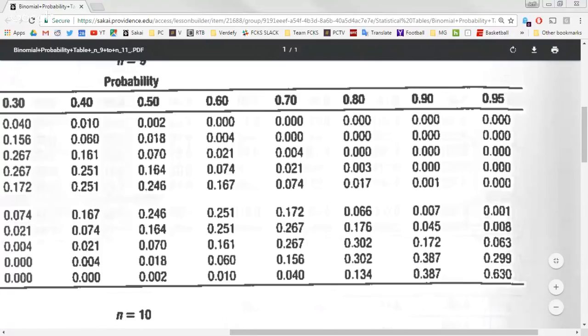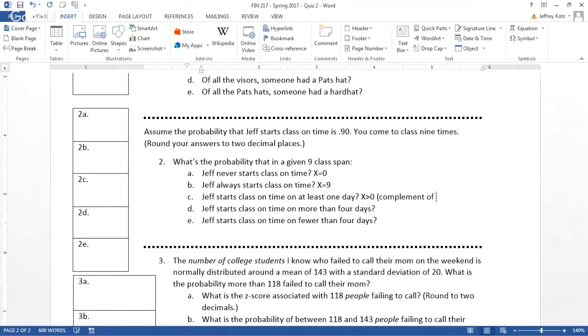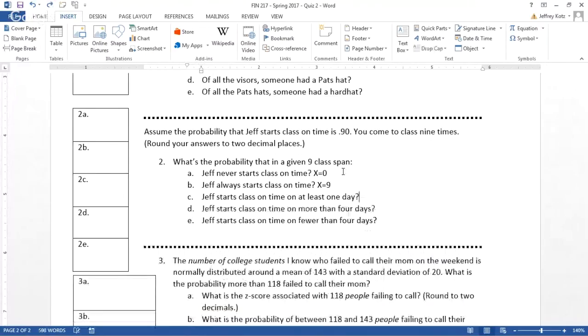The questions we need to answer. Never starts class on time, x equals 0. Always starts class on time, x equals 9. On at least one day, x is greater than 0, or the complement of A. More than 4 days, x greater than 4.